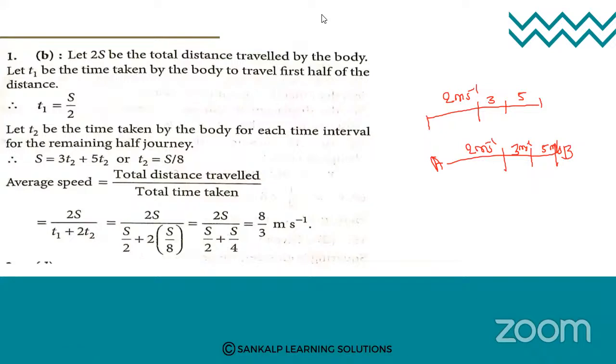See how to do this. Okay. So here, let 2s be the total distance traveled by the body and T1 be the time interval for the first half. So for the first half we consider time T1, and T2 you consider for the next half journey.